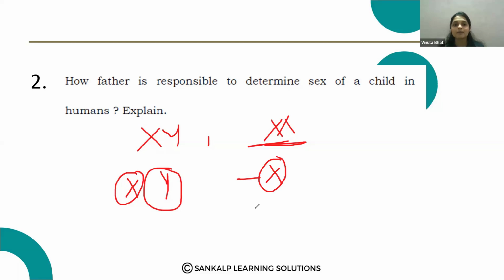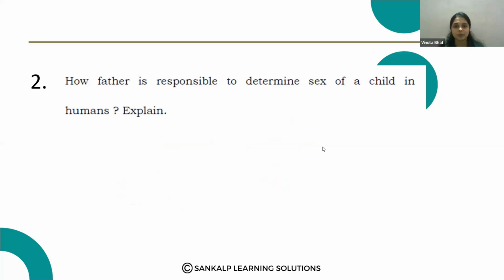This is the reason the father is responsible for the sex of the child: the father produces two types of gametes, either X or Y, but the mother always produces a gamete which contains the X chromosome. So for this reason, the father is responsible for the determination of the sex of the child.